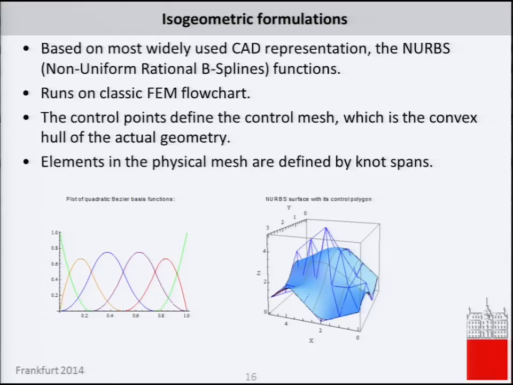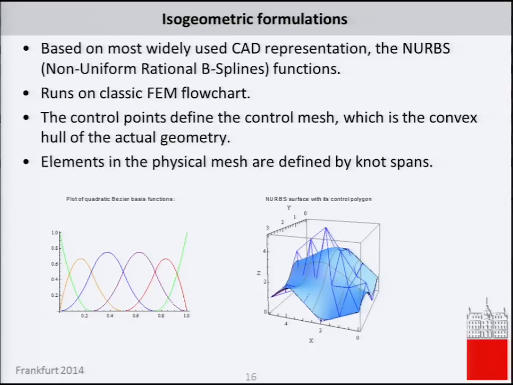We know that standard finite elements have at least two sources of errors: discretization of the geometry and discretization of the unknown fields themselves. So we want to eliminate one of those errors, and the isogeometric formulation is the way to do that. So we describe the actual geometry using higher order functions like splines or NURBS, taken directly from the CAD representation of the object we want to model.